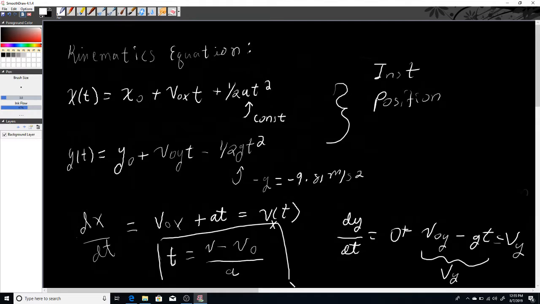Right? That is the formula for time in the x direction. This is if we were saying vx. In this case, we would have v of y minus v initial divided by negative g.